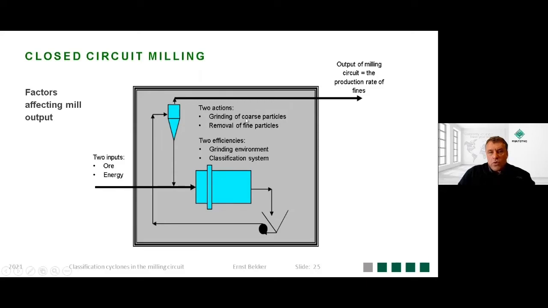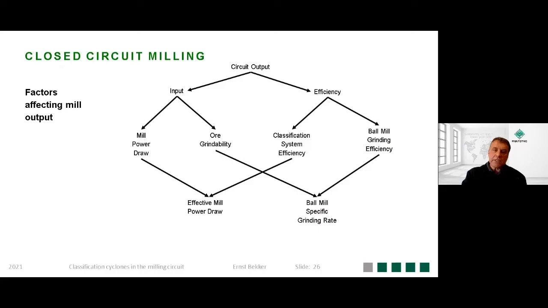The actions inside this black box are twofold. Grinding of coarse particles, which makes sense, from the mill, and then the removal of the fine particles, and that's where the cyclone comes into play. So there are two efficiencies: a grinding efficiency and a classification system efficiency. The output from this circuit is the input multiplied by the efficiencies determined inside the circuit.